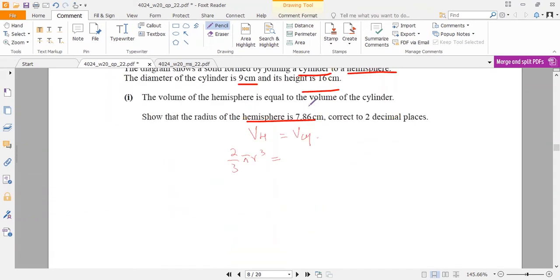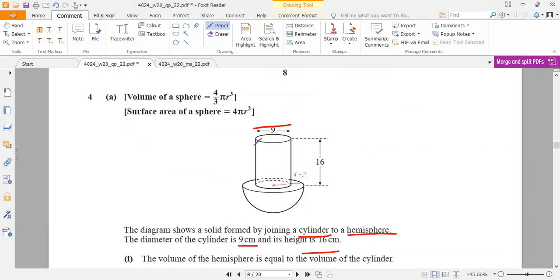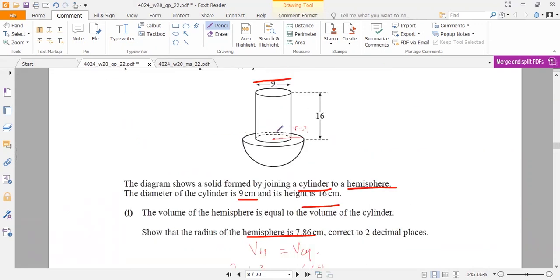It will be pi r square h. Okay, so pi will be cancelled, so it will be 2 upon 3 r cube, and the radius of the cylinder is 9 divided by 2, which is 4.5.